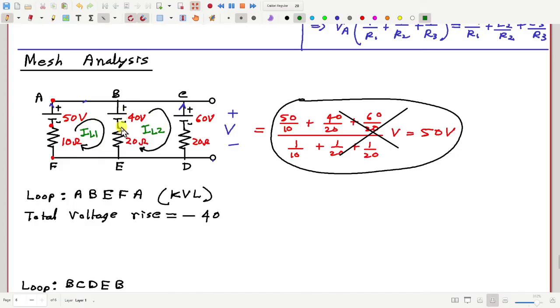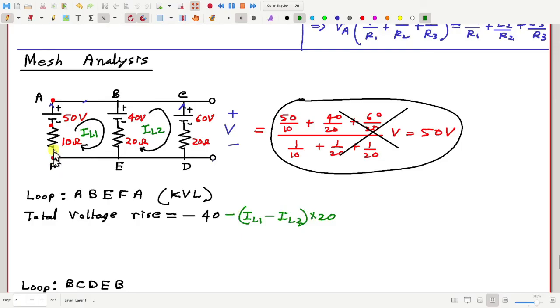The current through this 20 ohm resistance is the sum of IL1 and IL2, IL1 going downwards and IL2 going upwards, so multiplied by 20 ohm, this is a voltage drop.